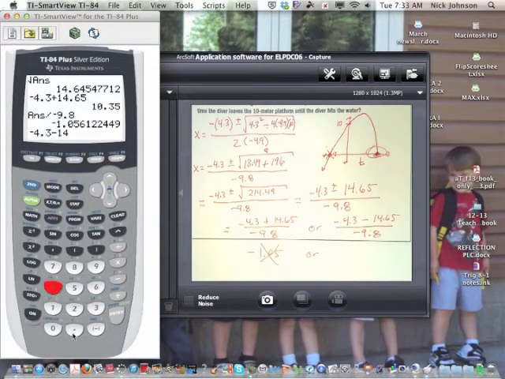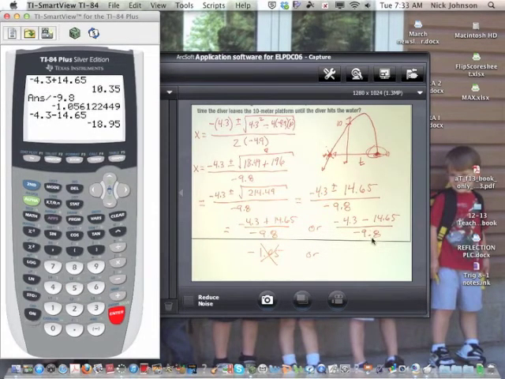So I'm going to do this one, negative 4.3. Same process. Subtract 14.65. I got to hit enter first because I want that whole number divided by a negative 9.8.